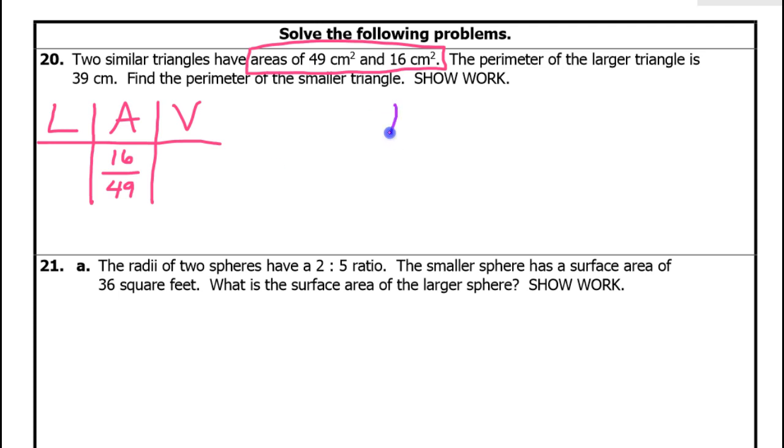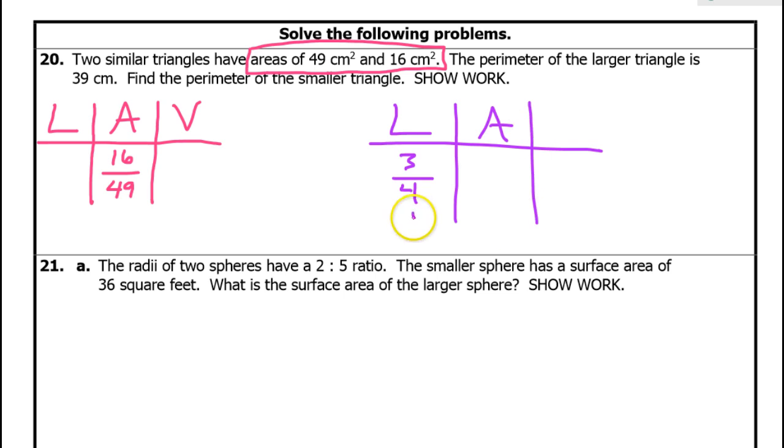For example, if the length scale factor was 3 to 4, then the area scale factor would be 9 to 16, because we take the length scale factor and square it.